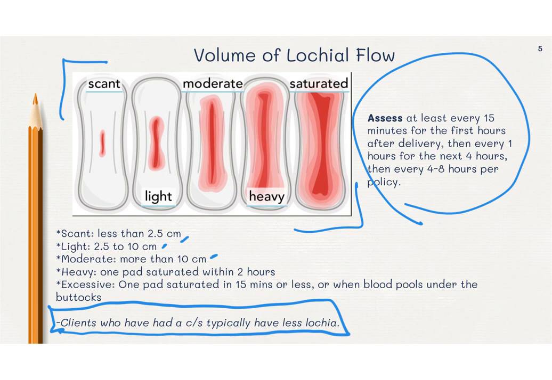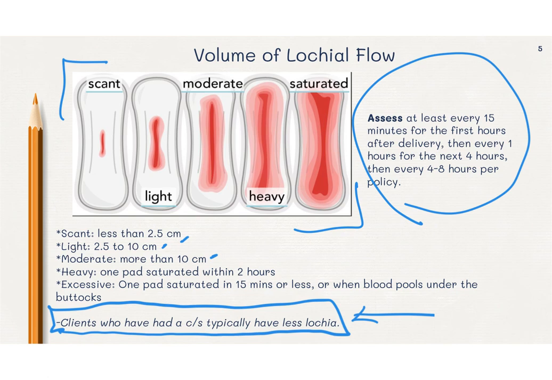When somebody has a C-section, once the baby is out and the placenta is out, the doctors will take a lap sponge, which is like a big piece of gauze, and almost wrap it around their hand, stick their hand in the uterus and do a sweep to get out all of the extra blood that is there, which you can't do when somebody's had a vaginal delivery, right? So that's why clients who have had a C-section typically have less lochia than people who have had a vaginal delivery.